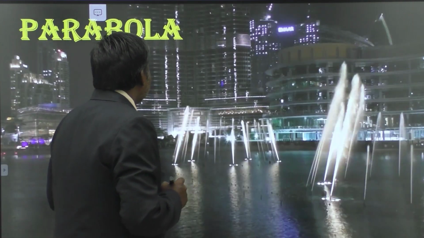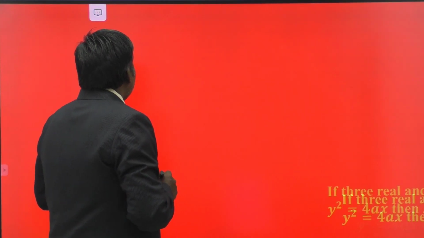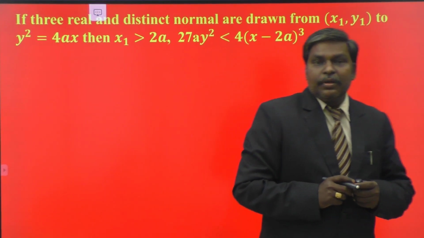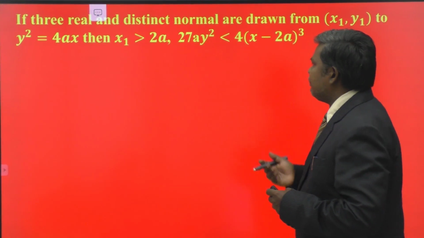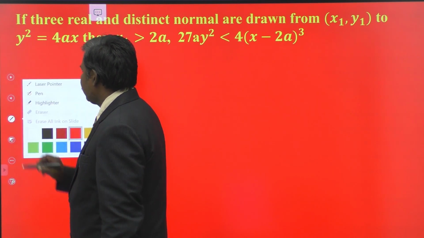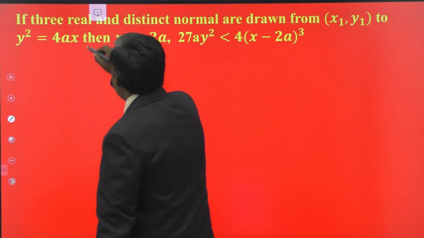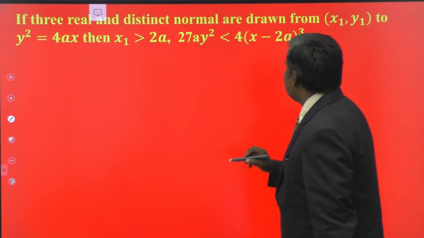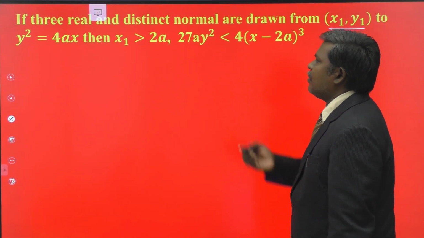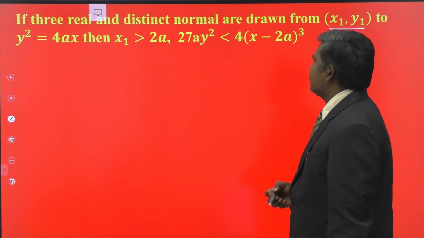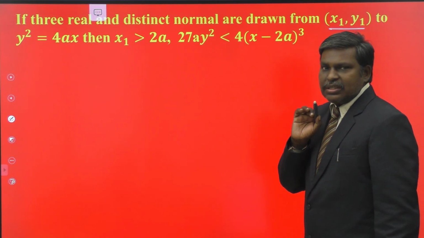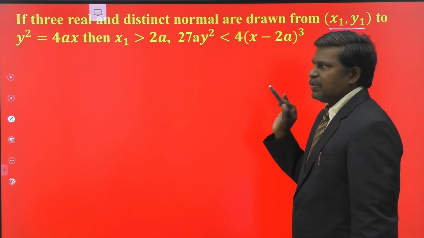Dear students, let us continue the class related to the normals. Now, this is the corresponding result, an extension of the previous class. See here, if three real and distinct normals are drawn from (x1, y1) to the parabola y² = 4ax, here this is the point (x1, y1) which is not on the axis of the parabola.